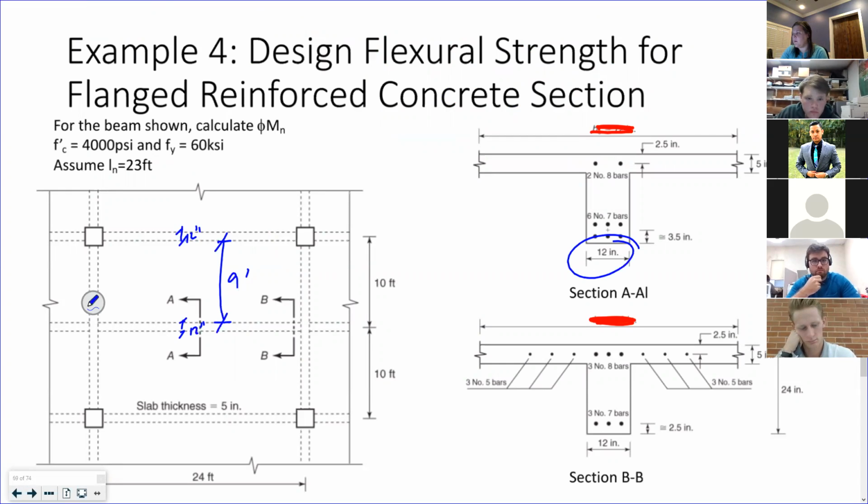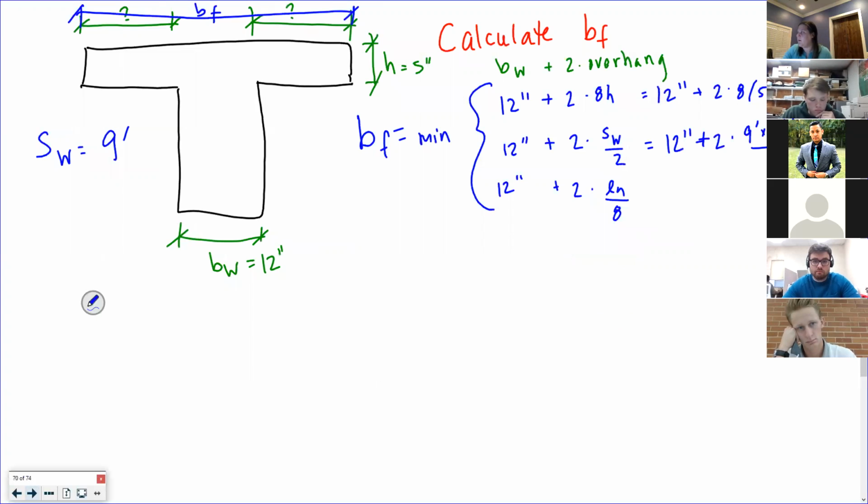Okay, gotcha. So it's 10 feet, so I subtract half a foot and half a foot to get 9 feet. And that should give you 120 inches.